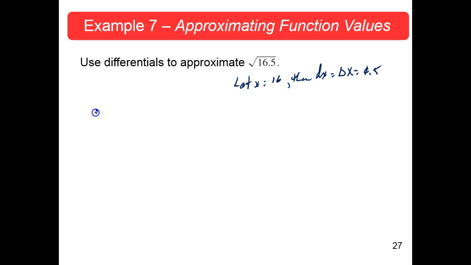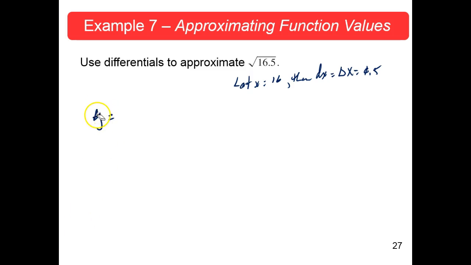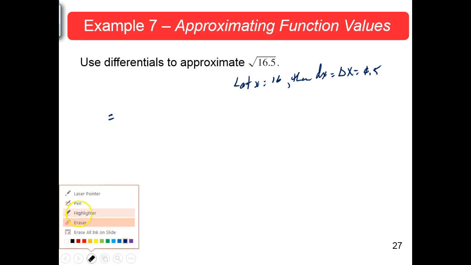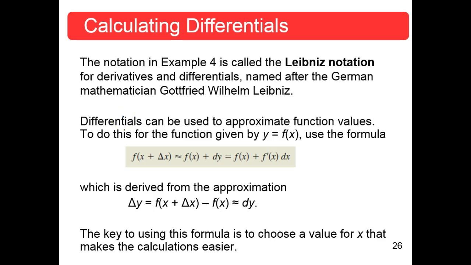You want your y, which is, this is the formula we used before. Let me see if I can clean this up a little bit. y is equal to, it's this formula right here, y is equal to f of x plus f prime dx.